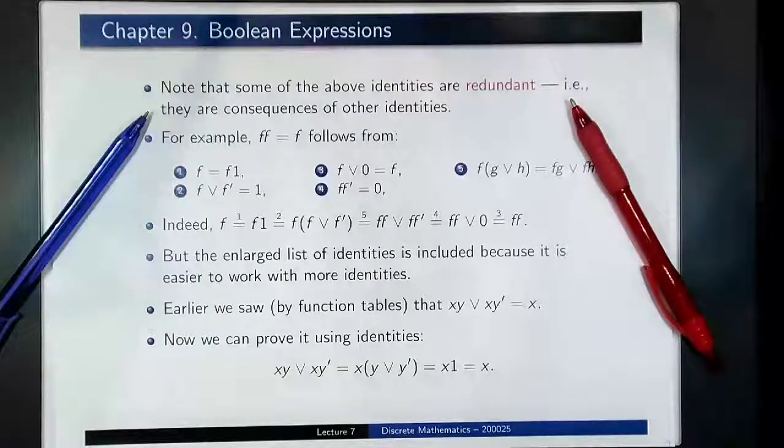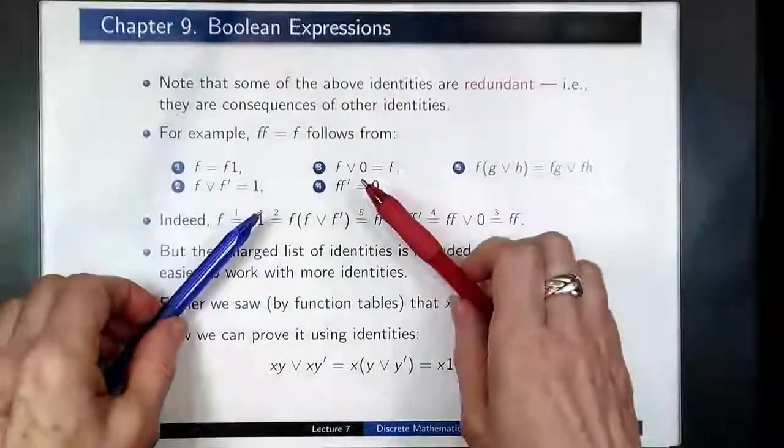Now, the good news is you don't actually have to learn all of those identities because some of them are consequences of others. In fact, there's only about one or two that I find I really need to remember at all. And if I happen to forget them, I can check them with a table.